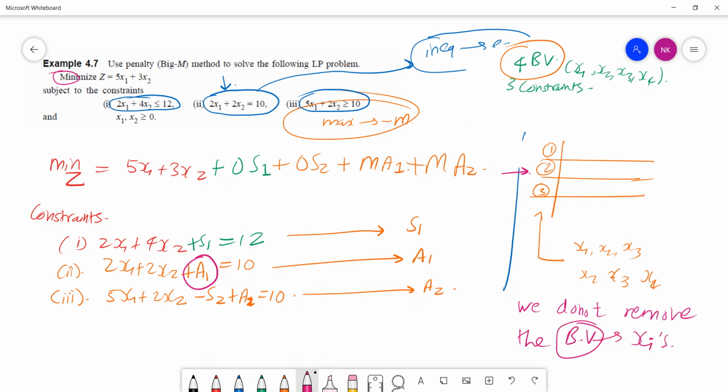So if we are not using the artificial variable, then we need to include either x1 or x2 in the second constraint. And what will be the issue in this particular case?